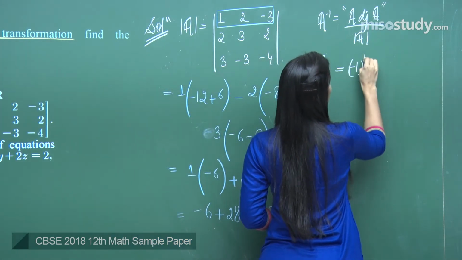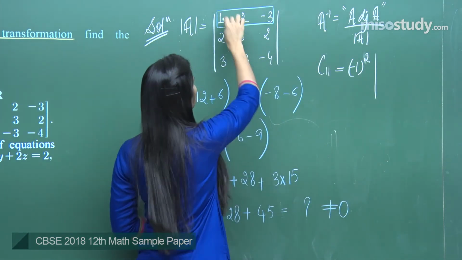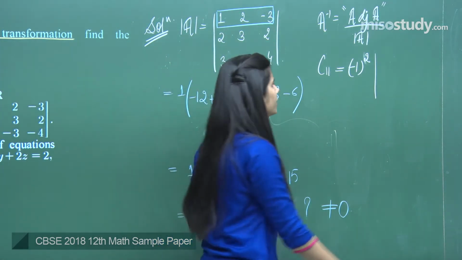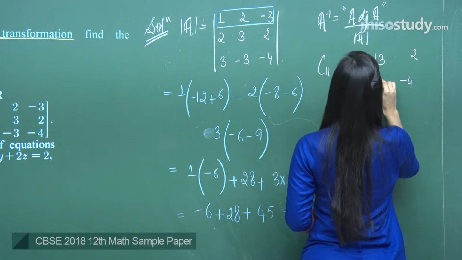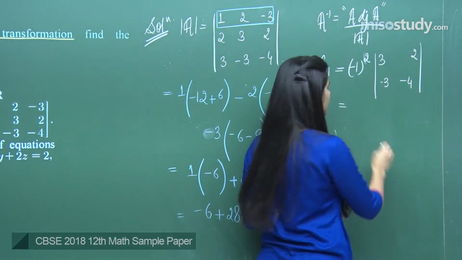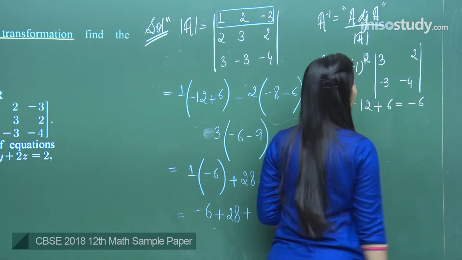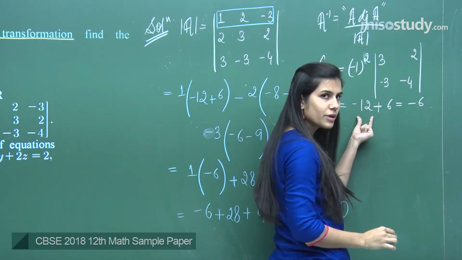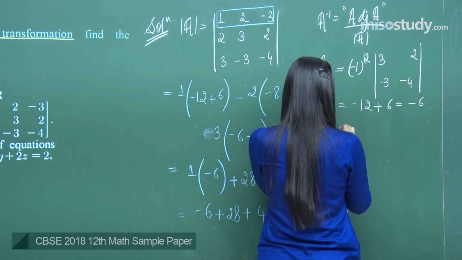C11 is minus 1 to the power 1 plus 1, which is 2, into determinant of, now this one quantity is fixed, 3 minus 4, 2 minus 3, which gives you what? 3 into minus 4 is minus 12, minus 6, which makes it a plus 6.